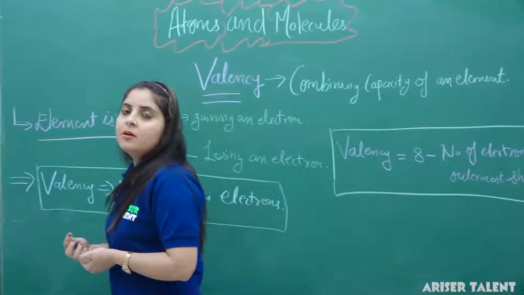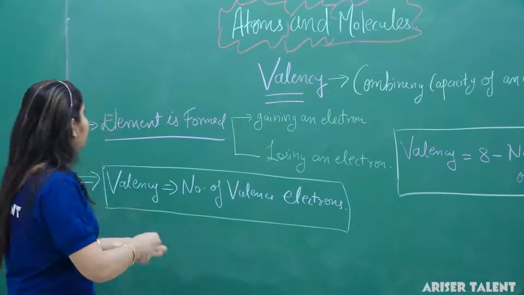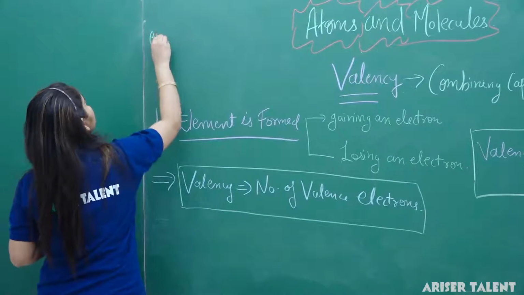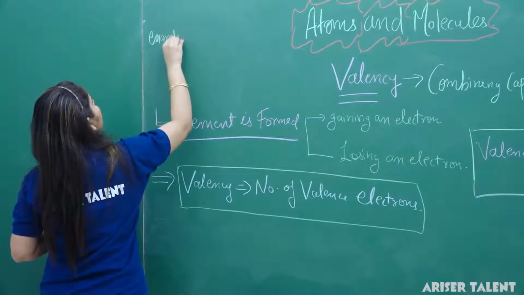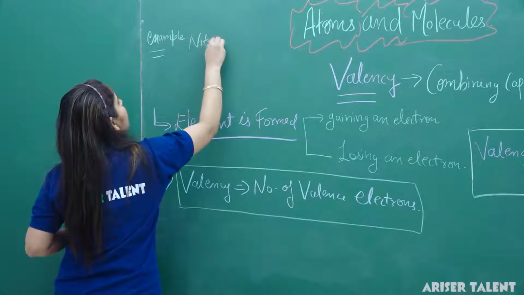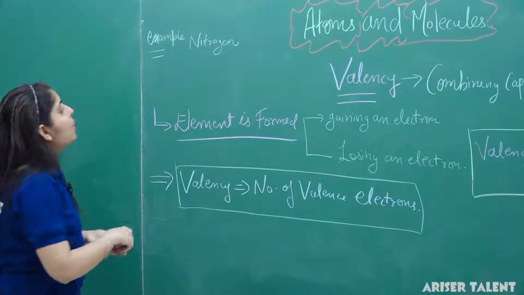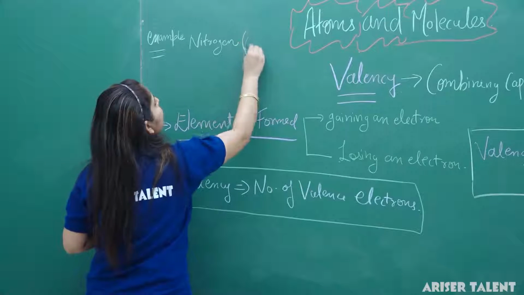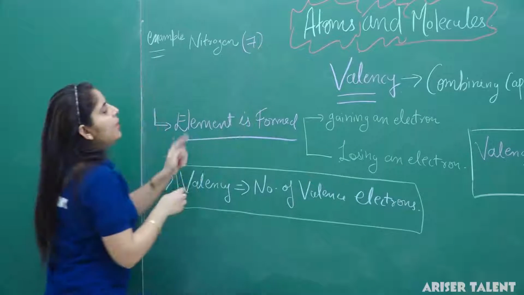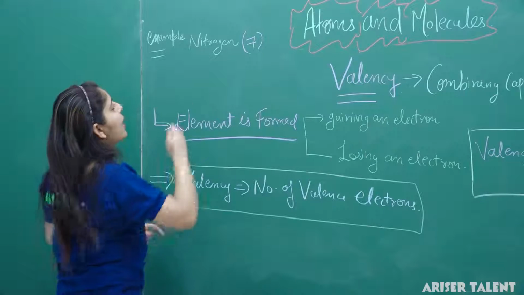Now, for easy understanding of valency, I am giving you an example. Suppose we have nitrogen. We know that the atomic number for nitrogen from the periodic table is 7.